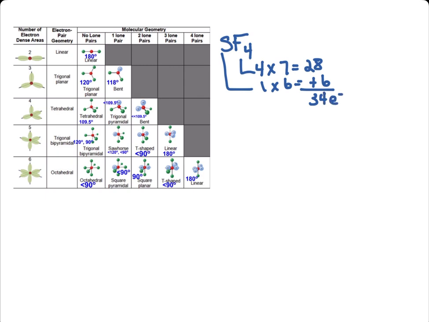Let's determine the geometry of SF4. There are 4 fluorines and 1 sulfur. So there is 34 electrons, and the Lewis structure looks something like this.